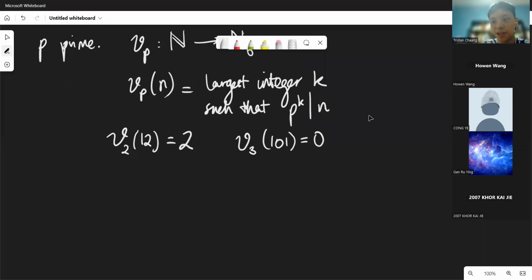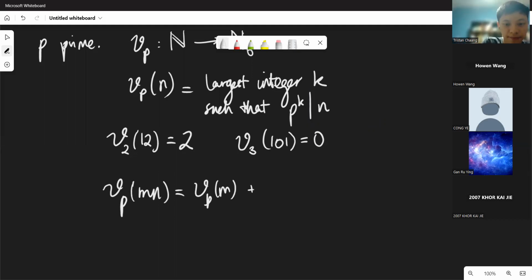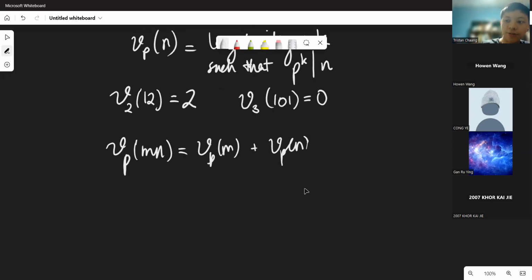First of all, if you multiply 2 numbers, then the VP is just the sum of the individual VPs. Well, because if you multiply 2 numbers, then if you look at the prime factorization, the 2 powers of p will multiply, and the exponents will just add, right?